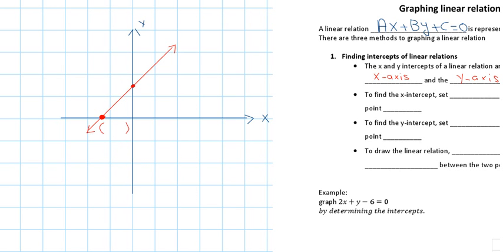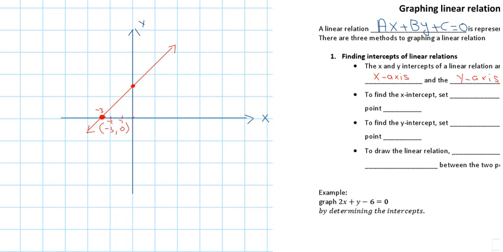So this would be 3, negative. And what would be the y value for it? It's got to be 0, because right here the y value is 0. Remember that with the Cartesian plane, the middle point where they both intersect is the point 0, 0. So x is 0, y is 0.